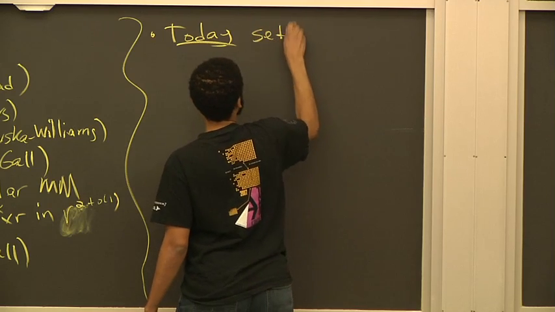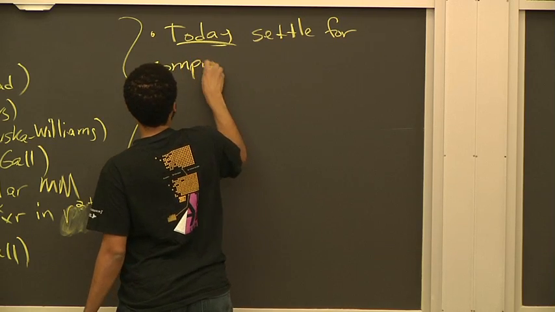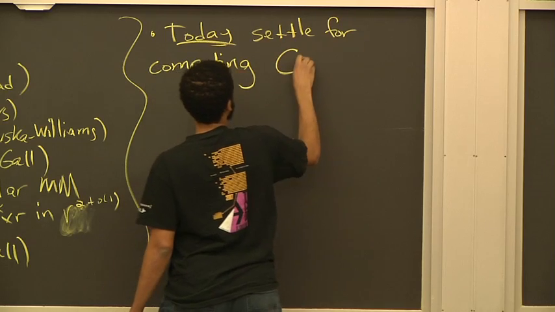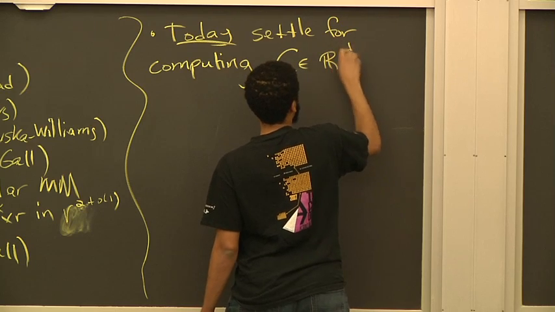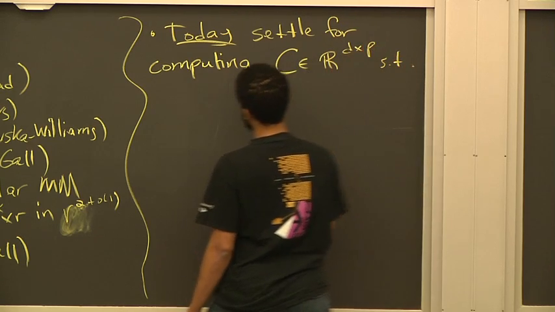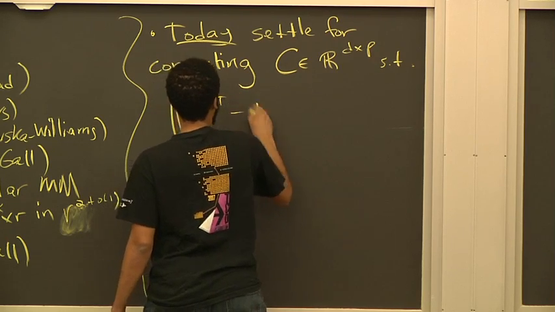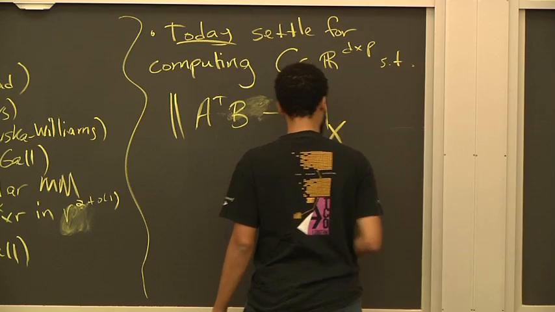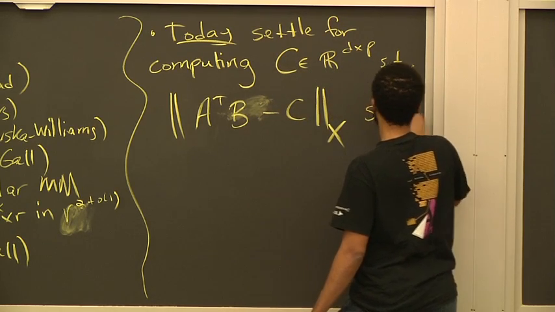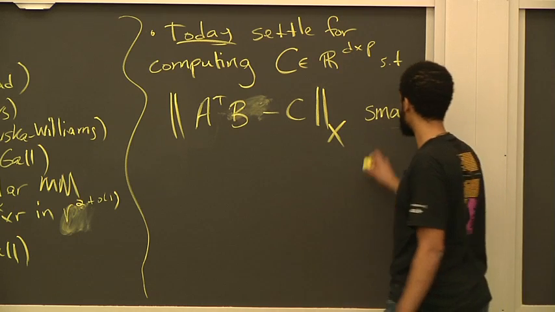So settle for computing some matrix C in R^(d by p) such that the norm of A transpose B minus C is small, for some norm, so some X norm.